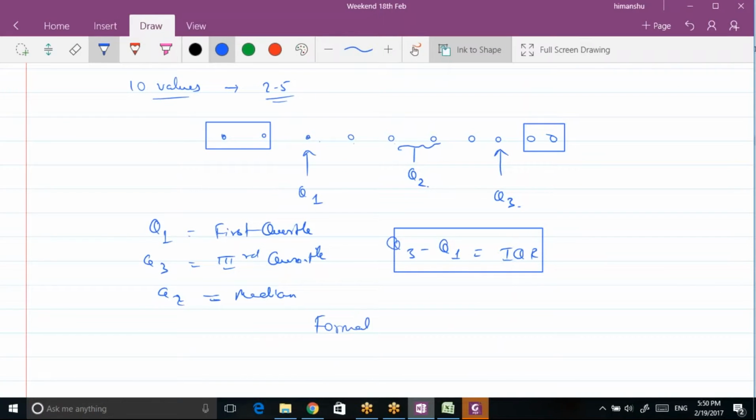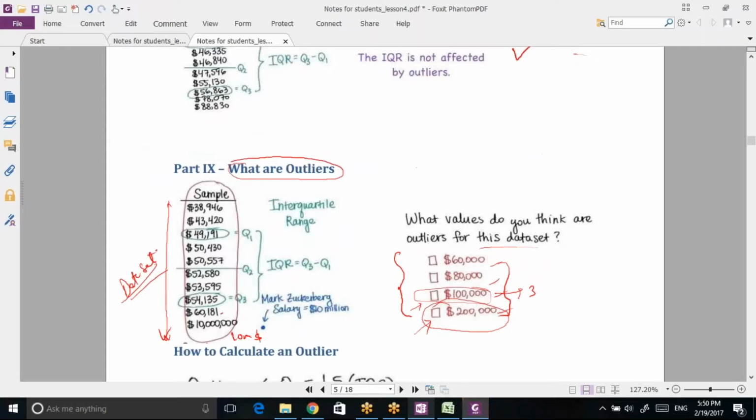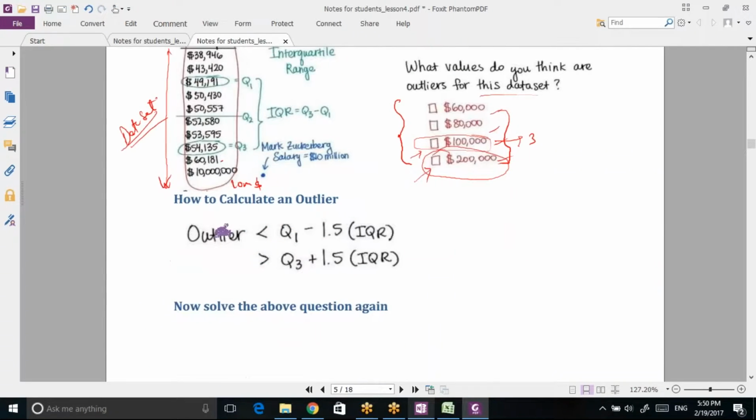One way of calculating outliers is this: any value smaller than Q1 minus 1.5 IQR is an outlier, and any value more than Q3 plus 1.5 IQR is again an outlier. Getting it? Where IQR is nothing but Q3 minus Q1.